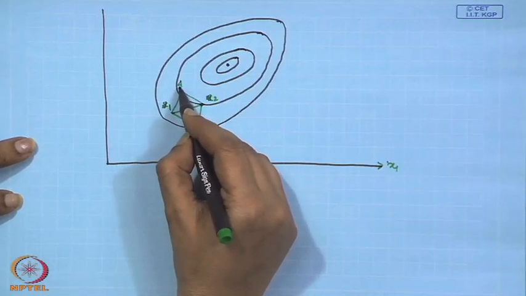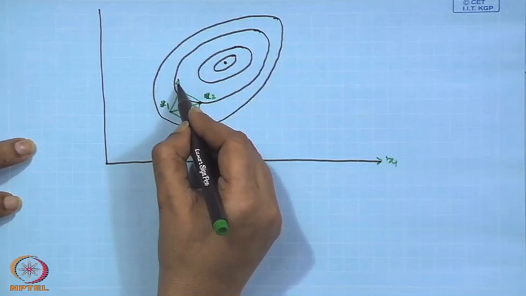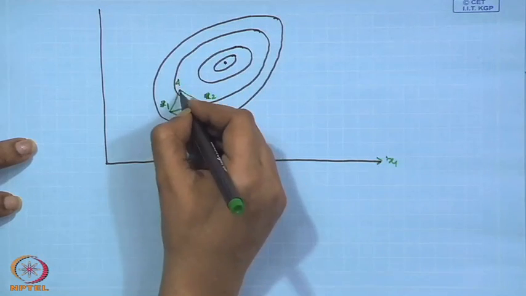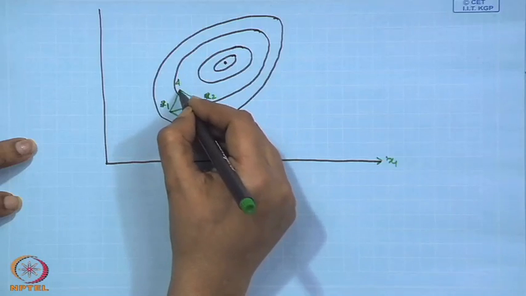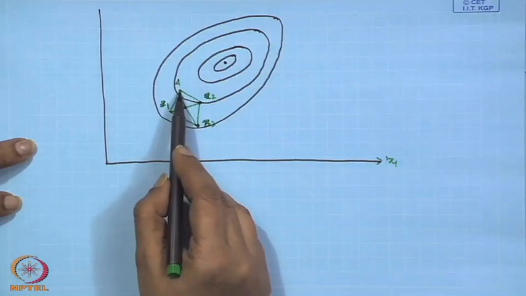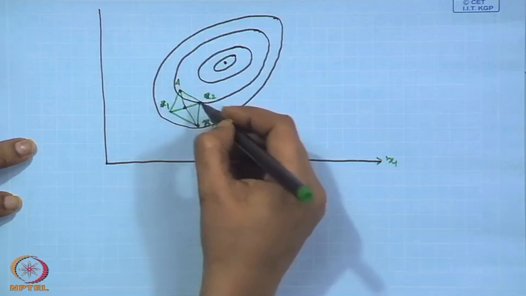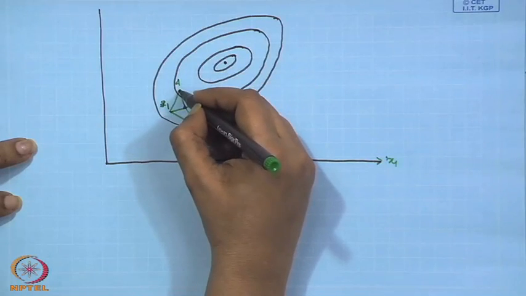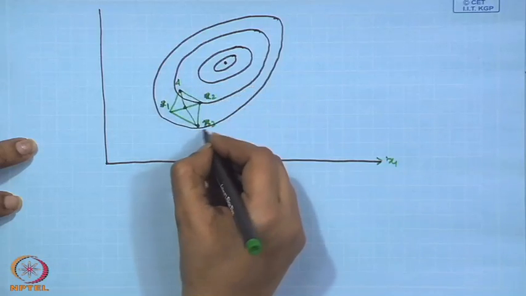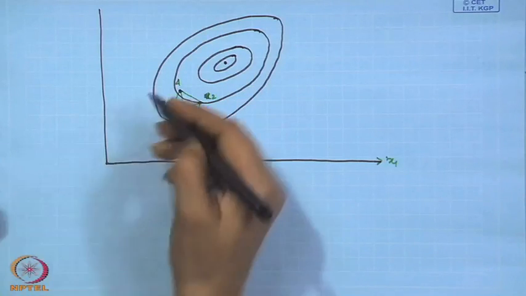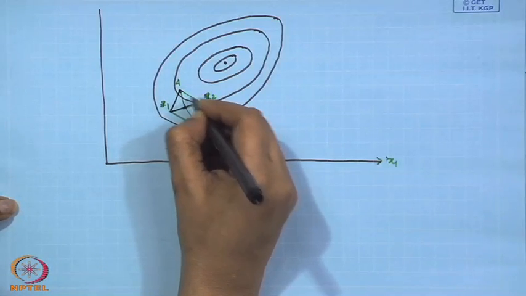Since the functional value at point 4 is better, the lesser functional value, these are all the function contours, this point is acceptable to me. We will reject 3 and consider this simplex in the next iteration.